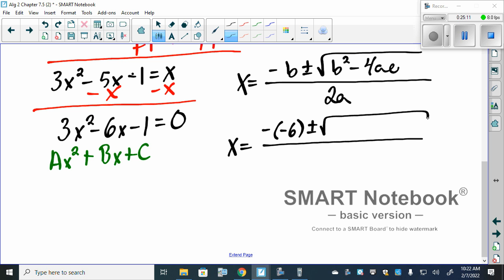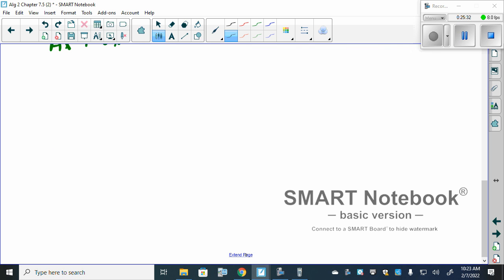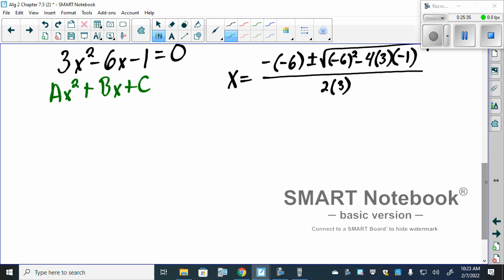Plus or minus the square root of negative 6 squared minus 4 times a, which is positive 3, times c is negative 1, over 2a, which would be our 2 times 3. Now here I am rewriting it all out, because if we wanted to, we could simplify some of these steps, because our negative 6 is really just positive 6. The denominator 2 times positive 3 is going to be a positive 6.